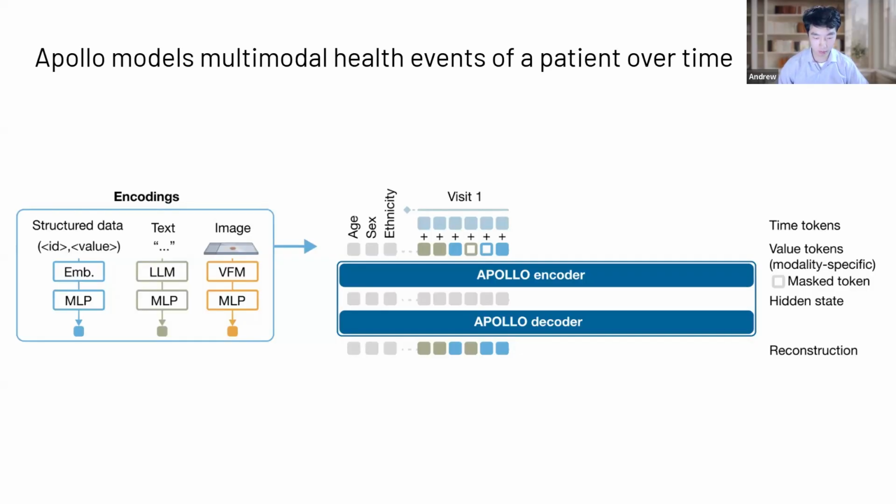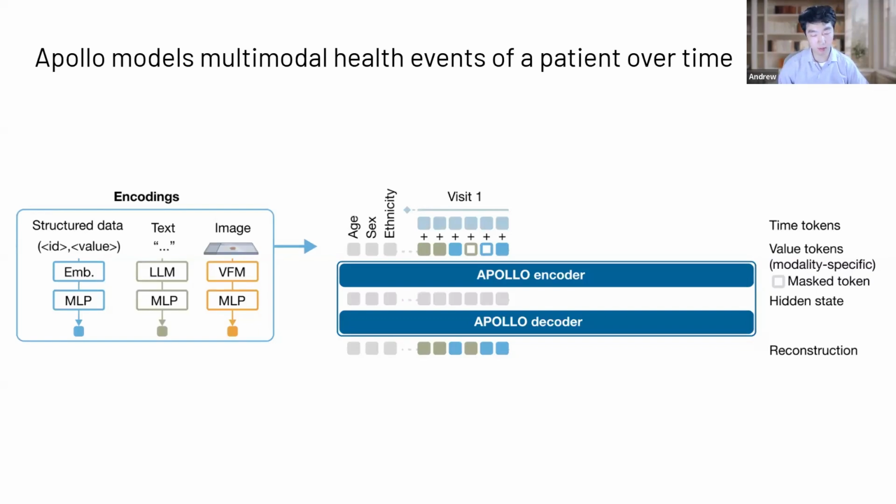And then we train the whole thing end to end, including the lookup table for the structured data as well. As we train this model, you can basically think of it as a large BERT. What we do is we mask certain tokens at the output, and we have the model try to reconstruct the embedding.